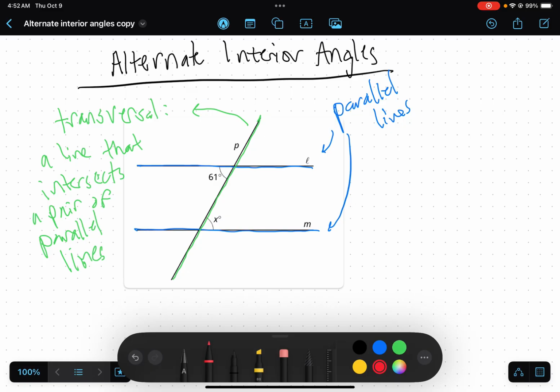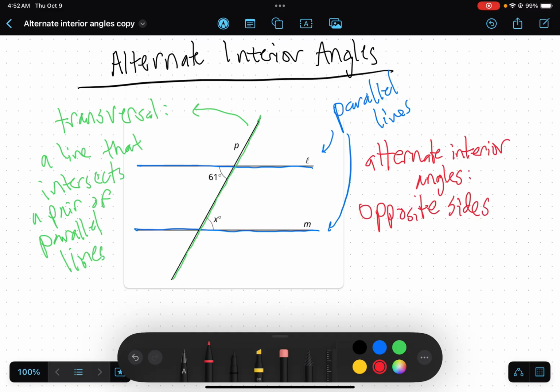Okay, and so we have some angles that are created. The angles that we're going to learn about today are the alternate interior angles. And what that means, so alternate means they're on opposite sides of a transversal, inside of the parallel lines.